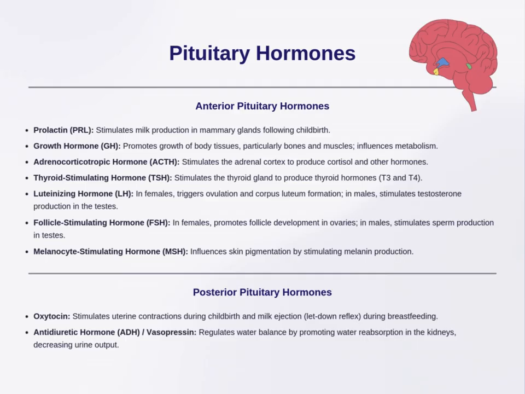So it's producing the milk, but it stays there until oxytocin, which is when it ejects during breastfeeding after the baby is born. Antidiuretic hormone, or vasopressin, regulates water balance by promoting water reabsorption in the kidneys, decreasing urine output. So if you are dehydrated and your body needs water, it's going to start reabsorbing water instead of letting some of that water go out in urine.